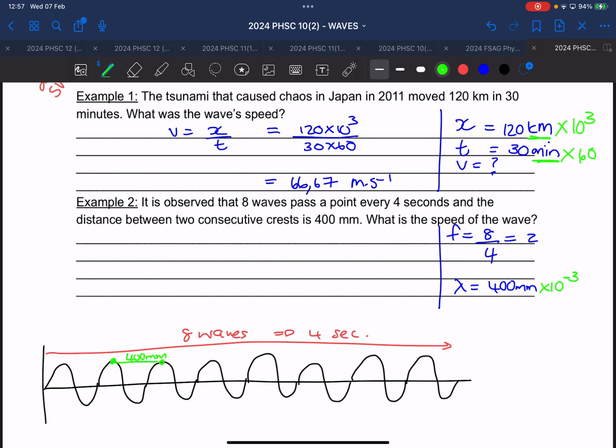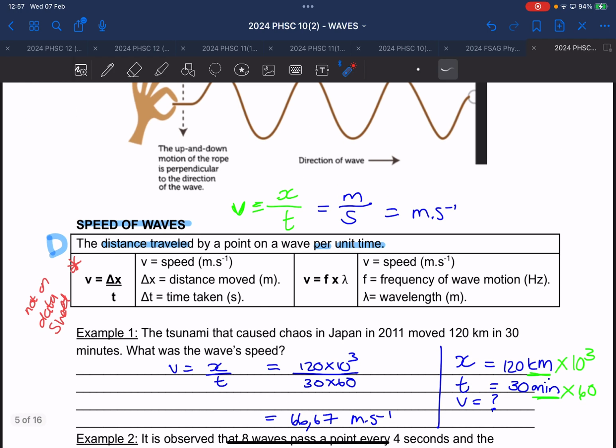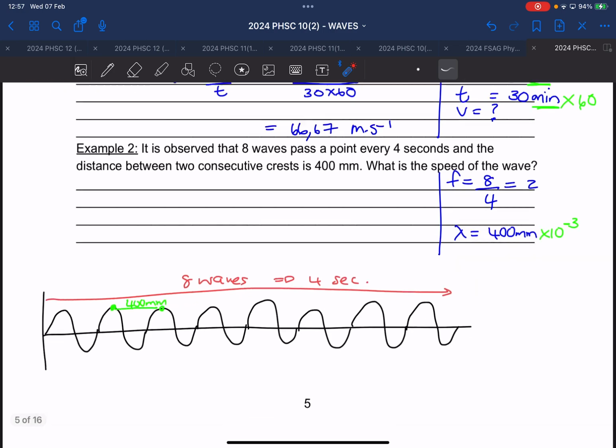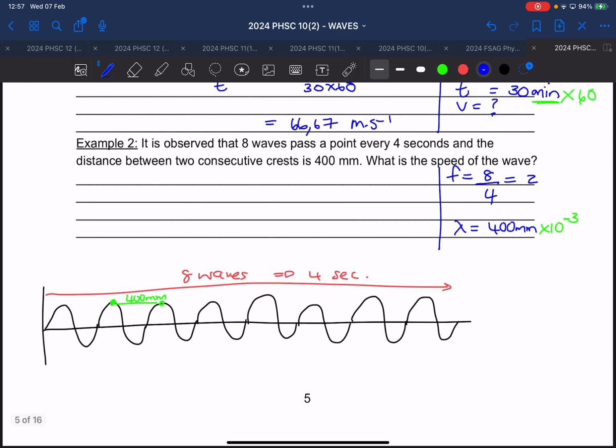Okay, so we have frequency, we have lambda. They're asking for the speed. All right, so speed, that one there, V, so we're going to use the second formula. V is F times lambda, frequency is 2, lambda is 400 divided by 1,000 is 0.4.